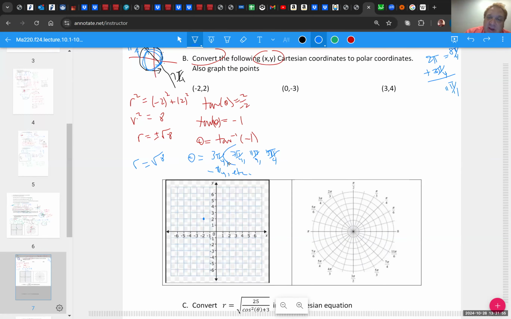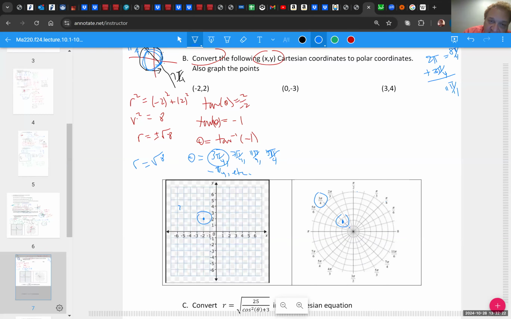So 1 pi over 4, 2 pi over 4, 3 pi over 4 is the angle right here. And we go out a distance of square root of 8, which is something like 2.8. So that would be that dot right there, which is supposed to correspond to this dot right here.